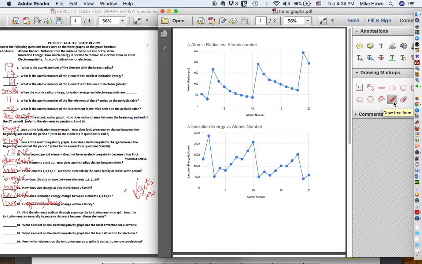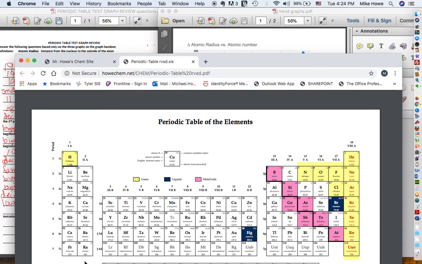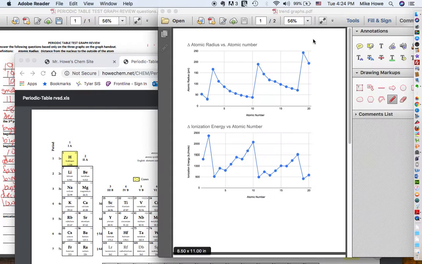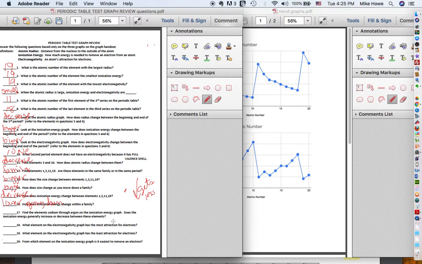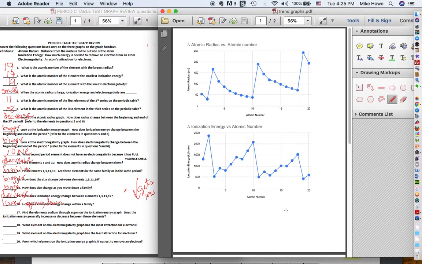So now we're looking for sodium through argon. Remember, sodium is element number 11. Argon is element 18. So we're looking to go from 11 to 18, on the ionization energy graph. So we go to here, 11 through 18. Number 10 is right here, so this must be element 11.